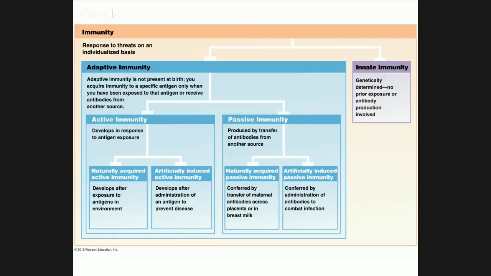But here, for adaptive immunity, active means something that your body's doing to adapt to its environment. And passive means that some other system adapted to this environment, and you're getting the benefit of that adaptation. Okay. And then within each of these, there's the naturally acquired and the artificially induced versions.